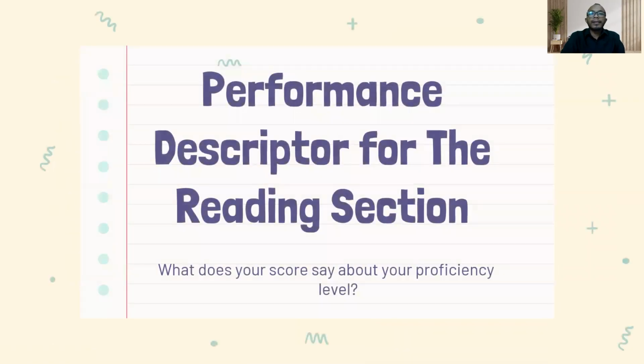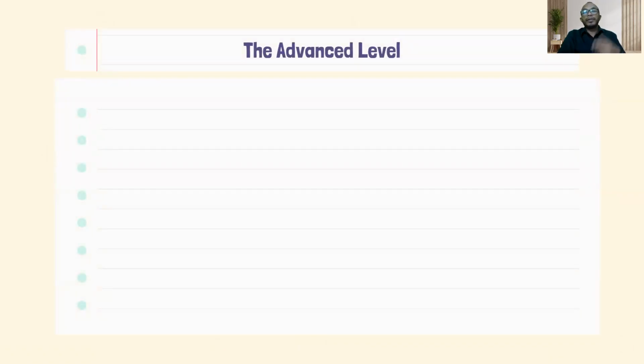All right. Now, finally, the performance descriptor for the reading section. So what does your score say about your proficiency level? Let's take a look. Now, from the reading section, you can get into the advanced level if your score ranges from 24 to 30.